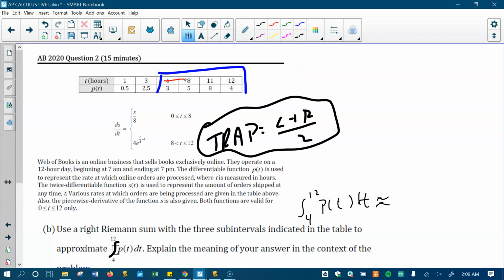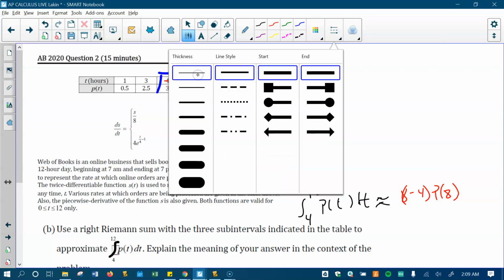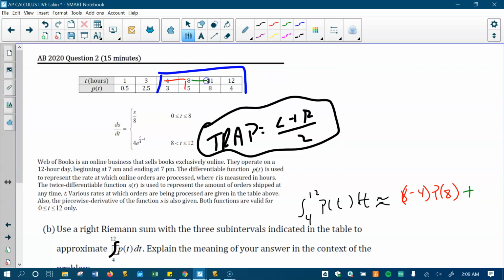So 4 to 8 is 8 minus 4, times p of 8, because I went to the right, plus, and now I'm going to go 11 minus 8 times, because that's the width of the rectangle. The height of the rectangle is on the right, so p of 11.